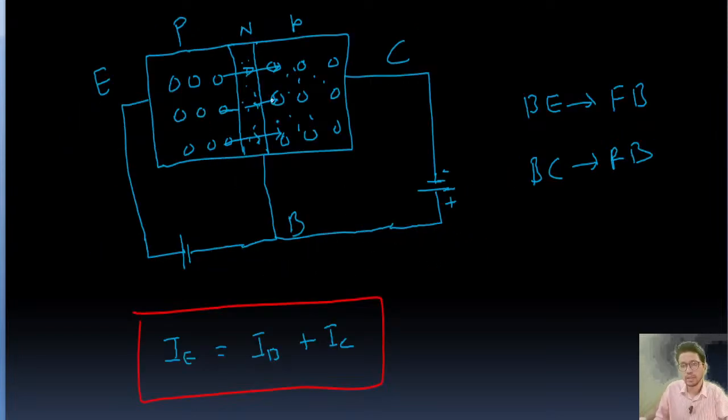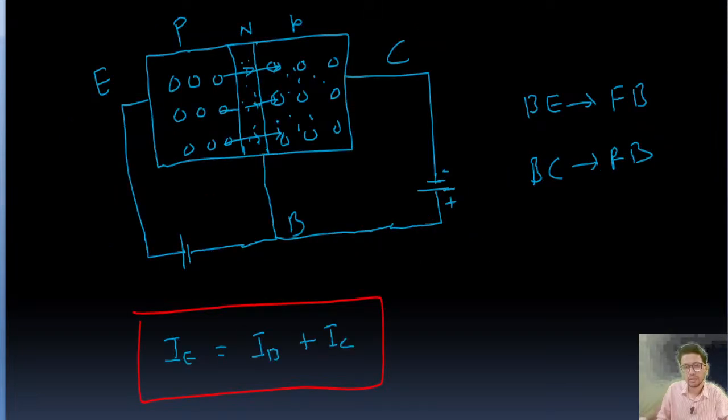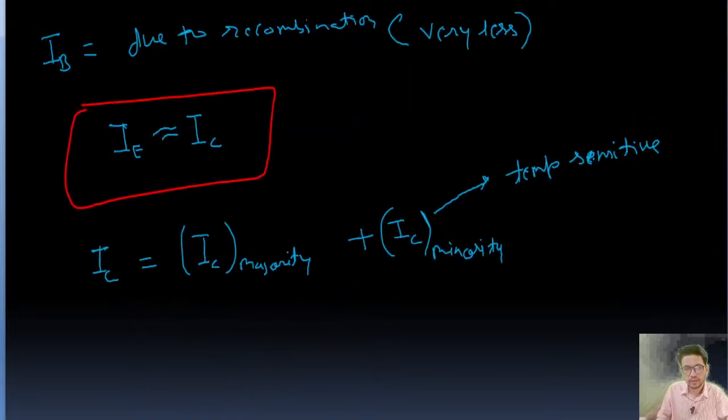Here it's a PNP transistor, so the majority charge carriers are holes, and minority charge carriers are electrons. So these are important results, guys.